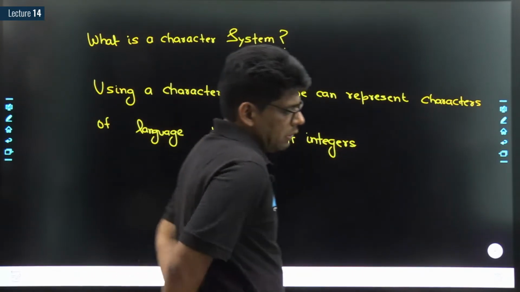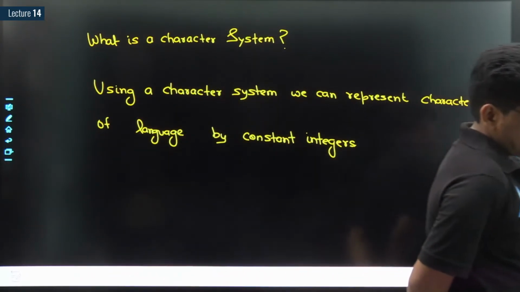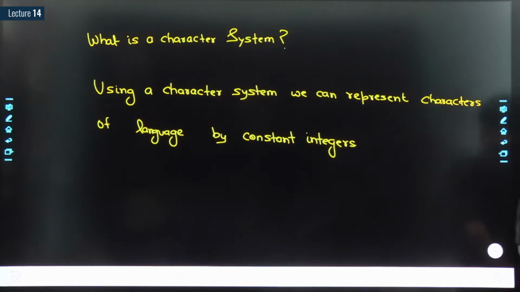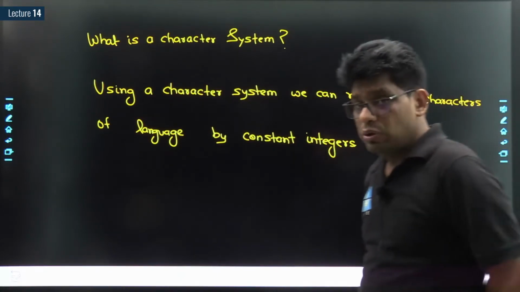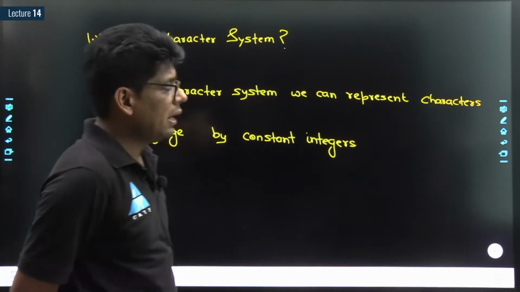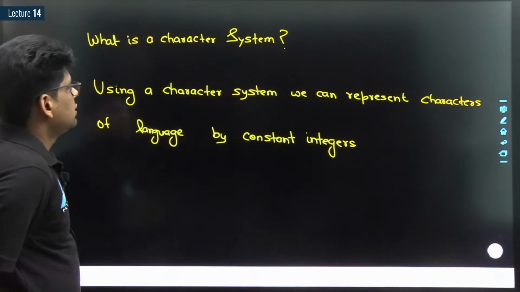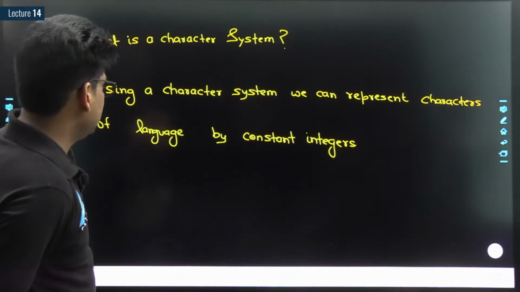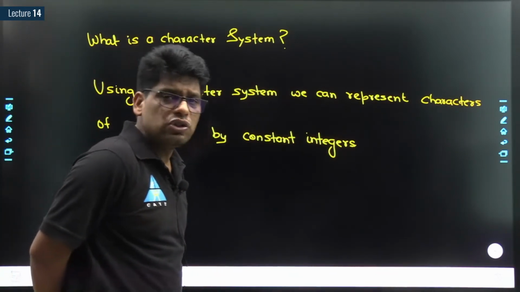Please note it down. We are talking about any particular language, whether it is Hindi, English, or any other language. Using a character system, we can represent the characters of a language by constant integers.